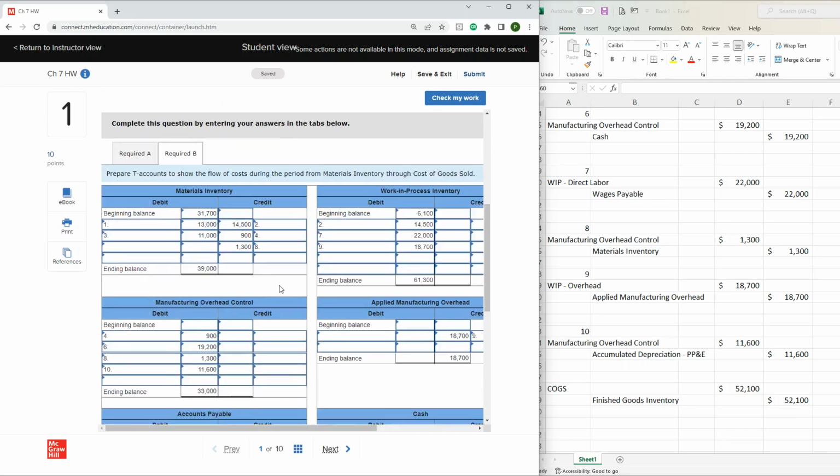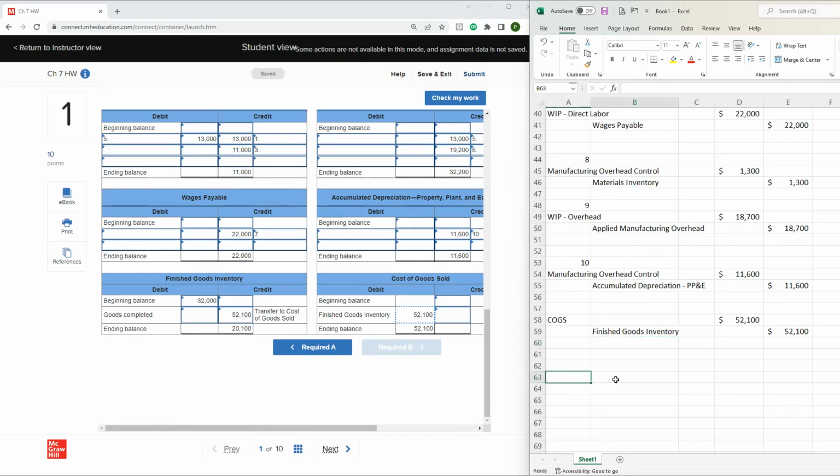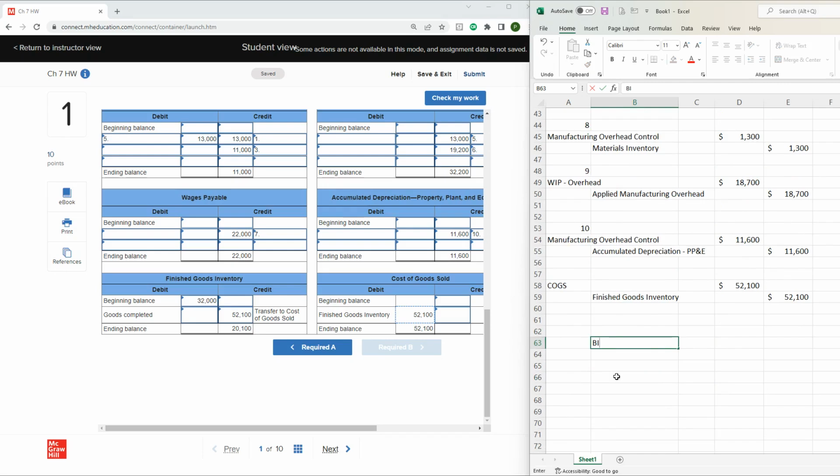So remember our handy formula, beginning inventory plus either purchases or transfers in this case, minus transfers out equals ending inventory. So we know that our beginning inventory was $32,000.